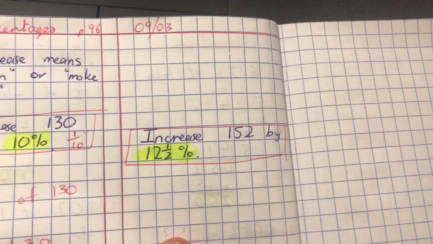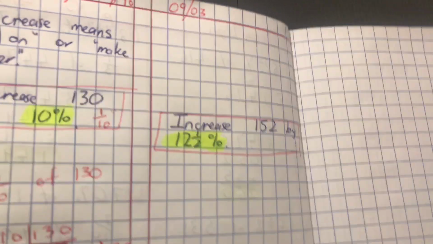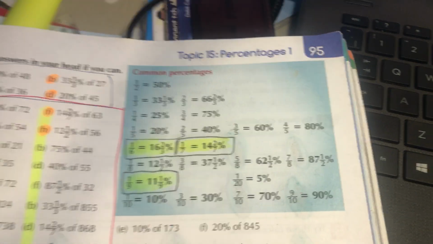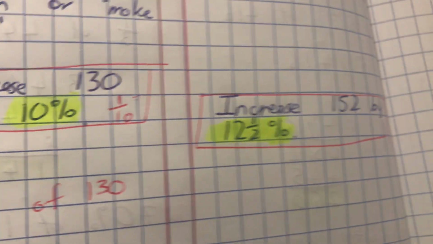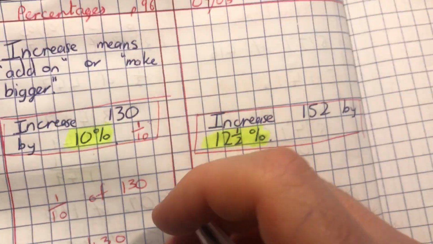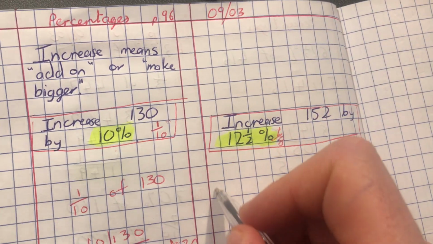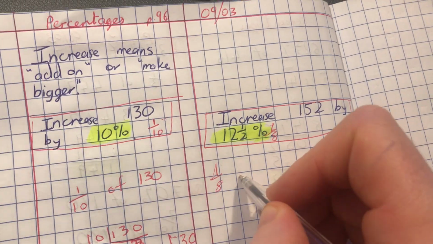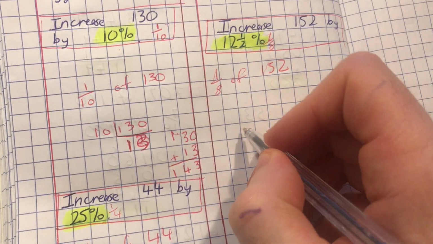Now if we look at this one. Increase 152 by 12.5%. If I'm not sure what 12.5% is, go back to your blue box on page 95. 12.5% is 1/8. So what they're asking me to do is increase 152 by 1/8. So I need to get 1/8 of 152. Sorry, it's very hard to write and hold the camera.